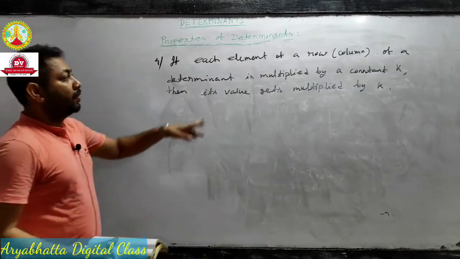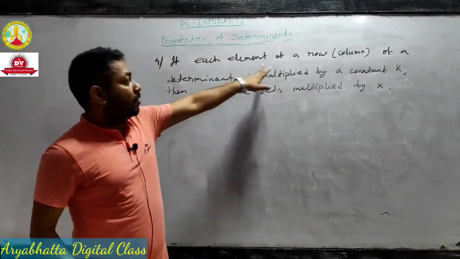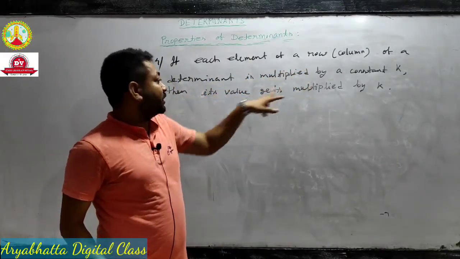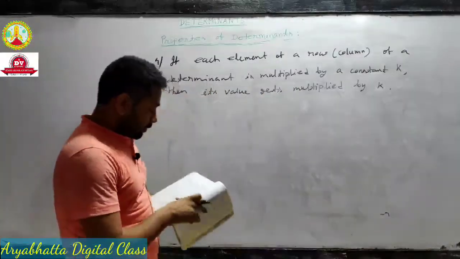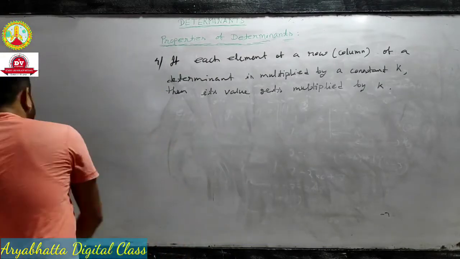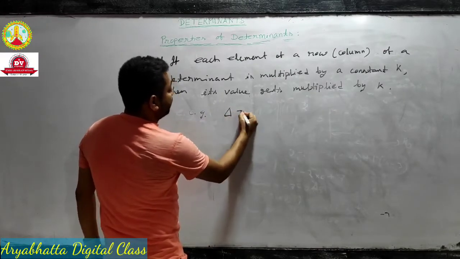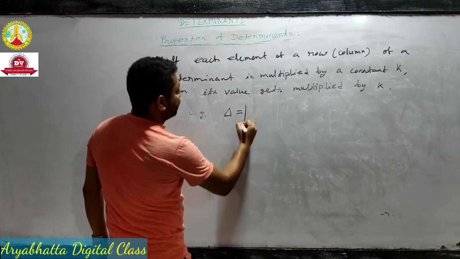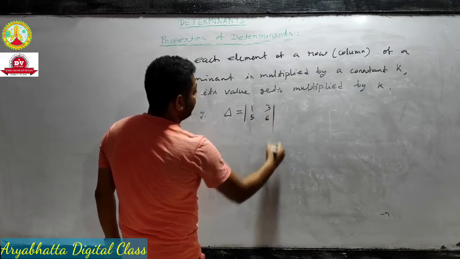If each element of a row or column of a determinant is multiplied by a constant k, then its value gets multiplied by k. For example, delta is equal to |1 3; 5 6|.